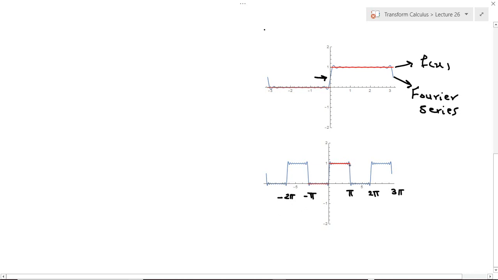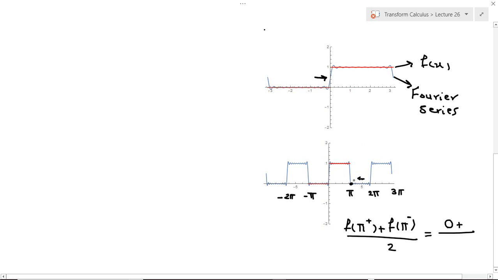As a result, if you want to find the value of the Fourier series at point pi, you have to find (f(pi+) + f(pi-)) divided by 2. f(pi+) means that we approach pi from the right-hand side, from here, and you can see that it is 0.